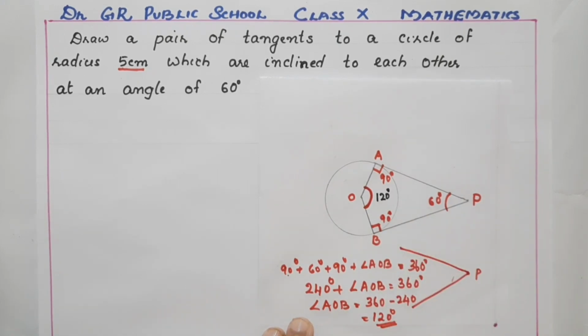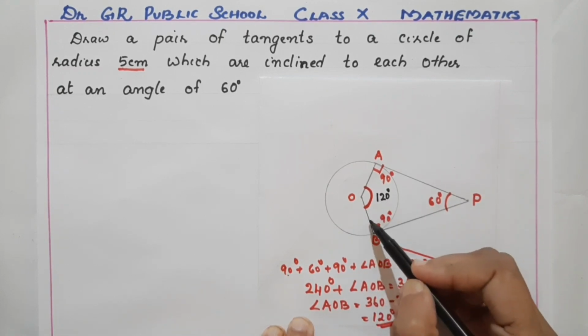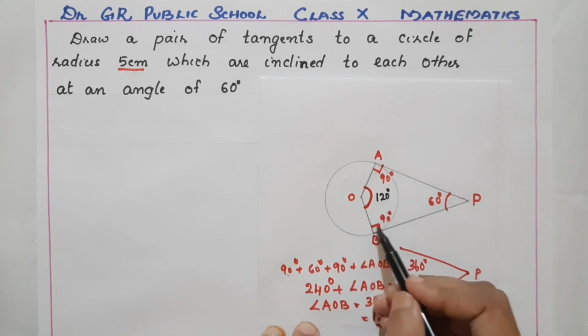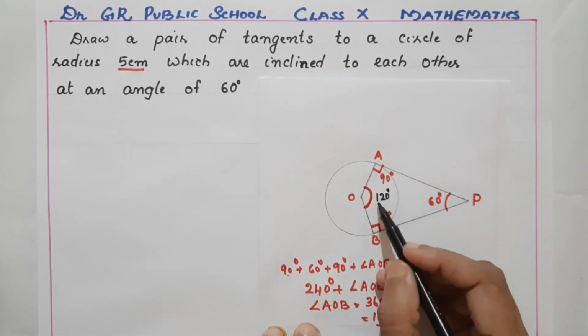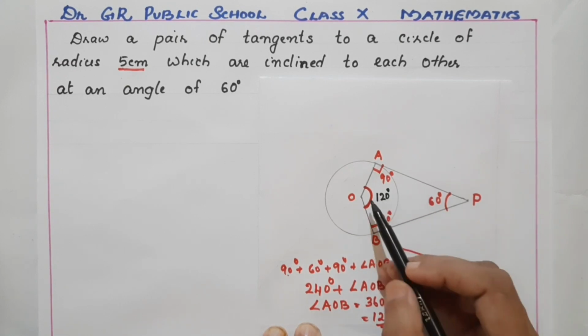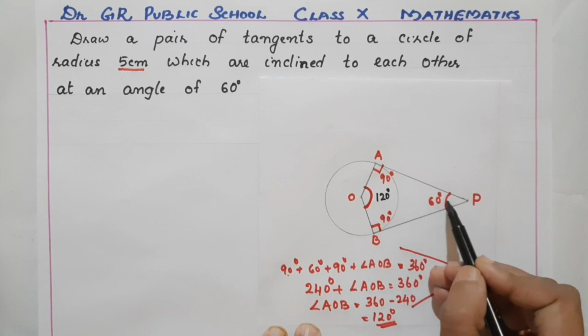Okay children, so now we are using this 120 degree to construct these two tangents, and then we are applying this 90 degree construction to get the tangents. This 120 degree you can find out in another way also, because in that chapter circles you have studied these two angles are supplementary.